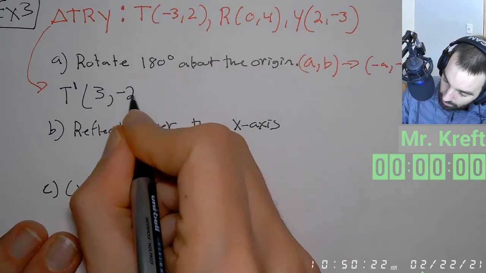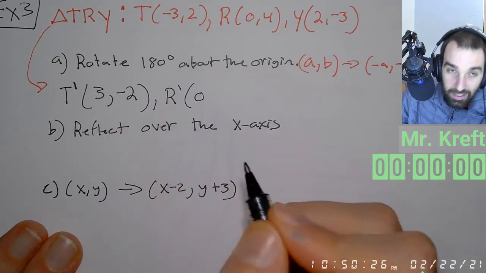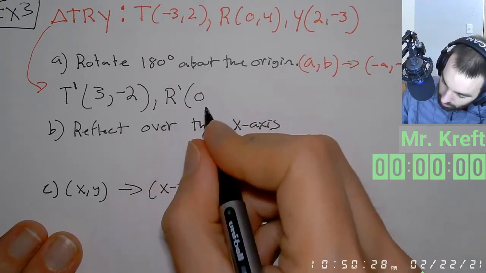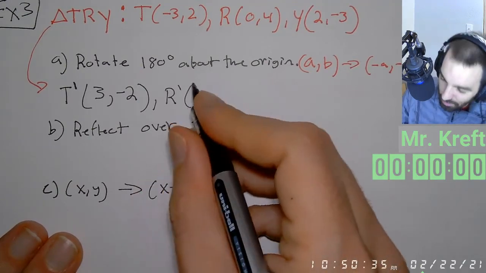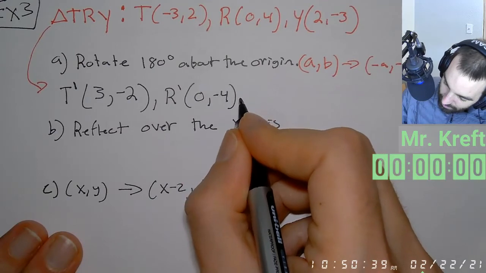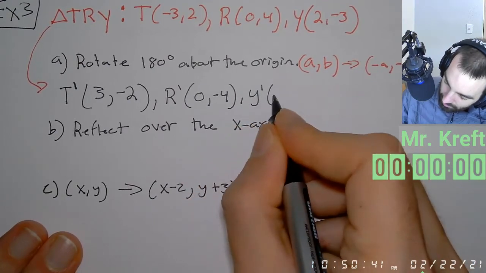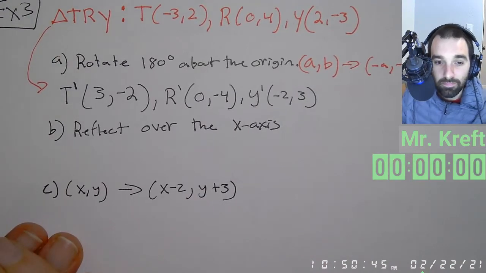And the opposite of positive 2 is negative 2. And then R prime, 0 doesn't really have an opposite. It's a special number, so it just stays. We're just doing opposite signs. So I have negative 4, and then Y prime is negative 2, positive 3. Okay.